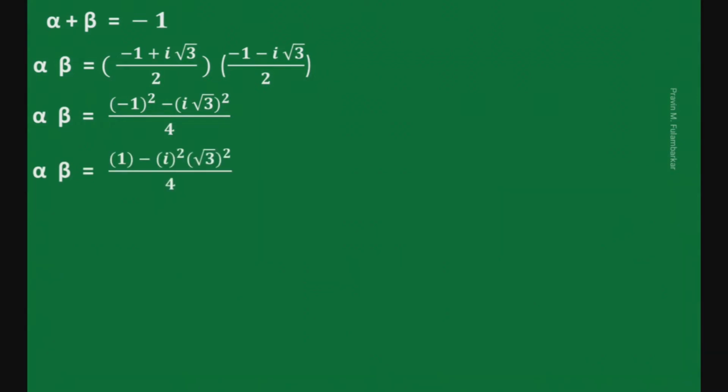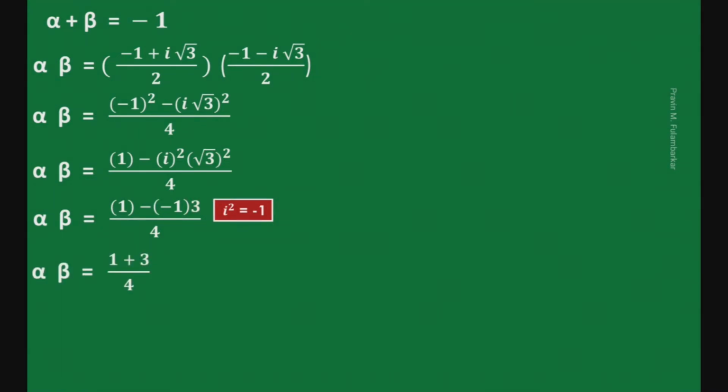So we square each term of the second bracket. So i square we replace by -1, and square and square root get cancelled, we get 3. So we write here 1 plus 3 because minus minus gets plus. So 1 plus 3 upon 4, which is 4 upon 4, which is equal to 1.